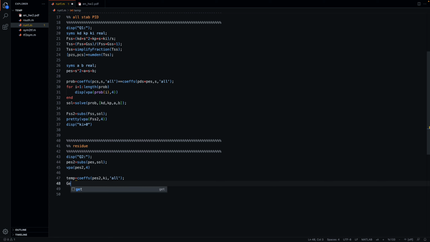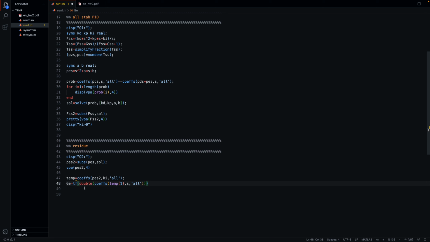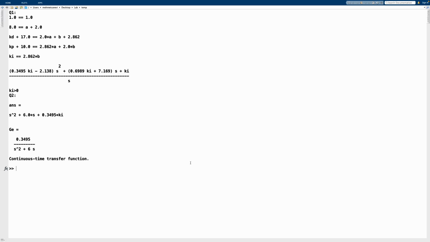Therefore, I'm going to call it GE, tf, and then double, and then the coefficients of the Ki terms here, and this is going to be the non-Ki terms, and this should give me the transfer function that I'd like to have. You can see that if you look at Ki GE divided by 1 plus Ki times GE equals 0, you would end up with the characteristic polynomial that looks exactly like this.